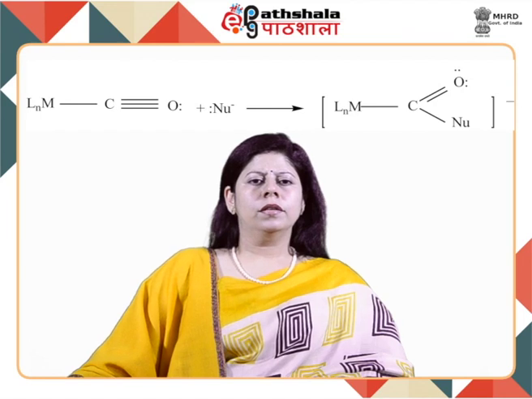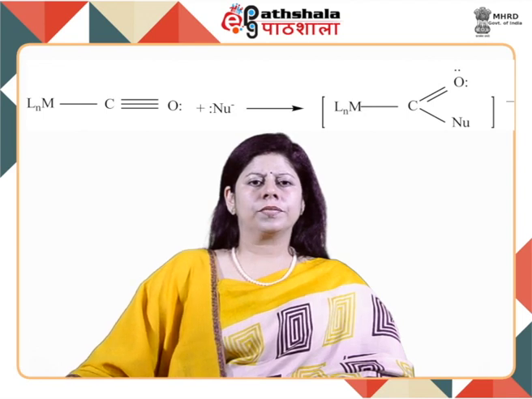Here, in this reaction, metal carbonyl reacts with the nucleophile. Then this nucleophile gets attached to the carbonyl carbon and the metal carbonyl anion is generated. You can see from this reaction we have various attacking nucleophiles such as hydride, hydroxyl, alkyl and alkoxy nucleophiles.